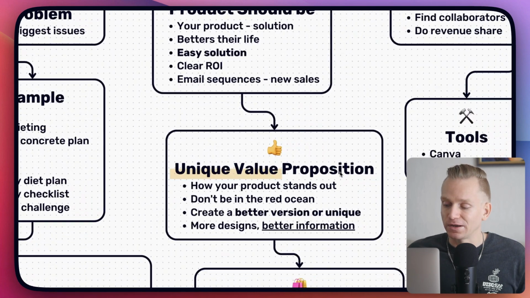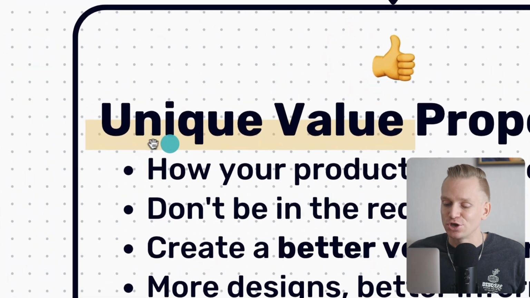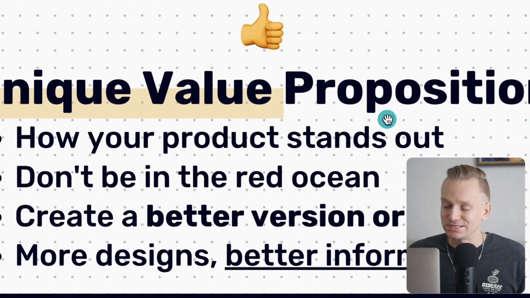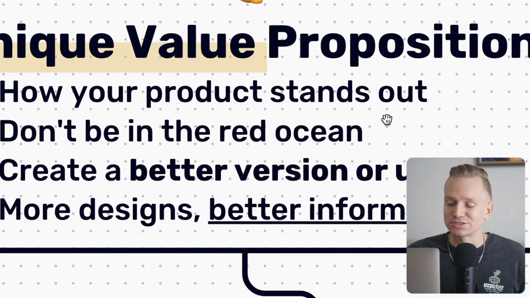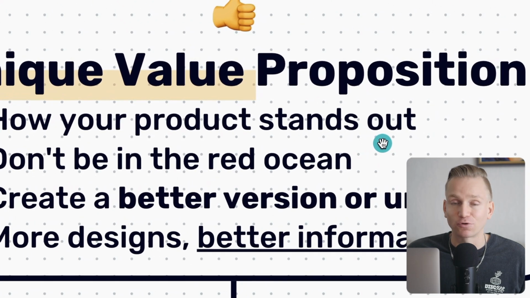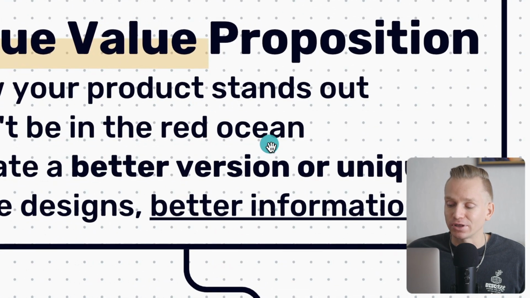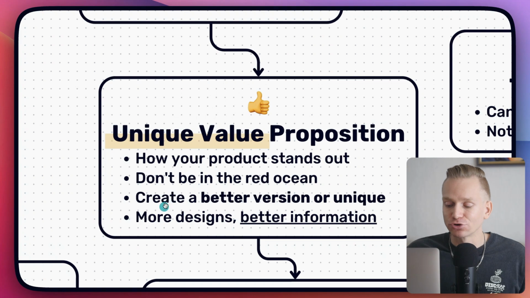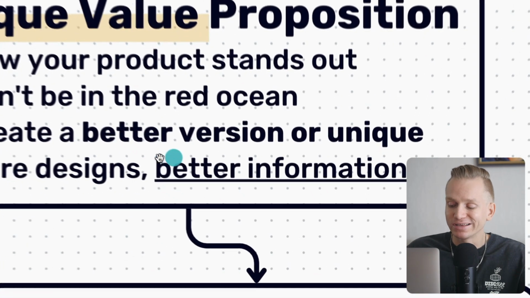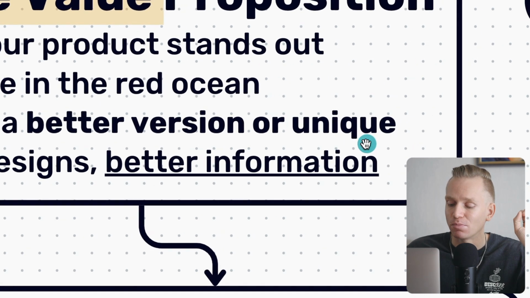Another thing you want to always think about when creating a digital product is the unique value proposition. How does your product stand out from everything else out there? You don't want to compete in the red ocean. You can create a better version, but better than that is to create something that's completely unique.